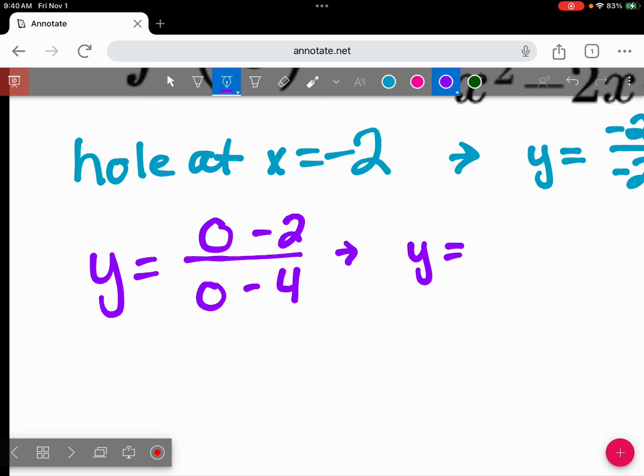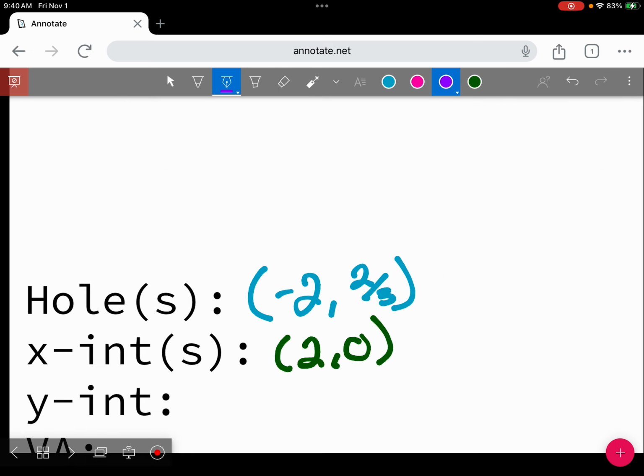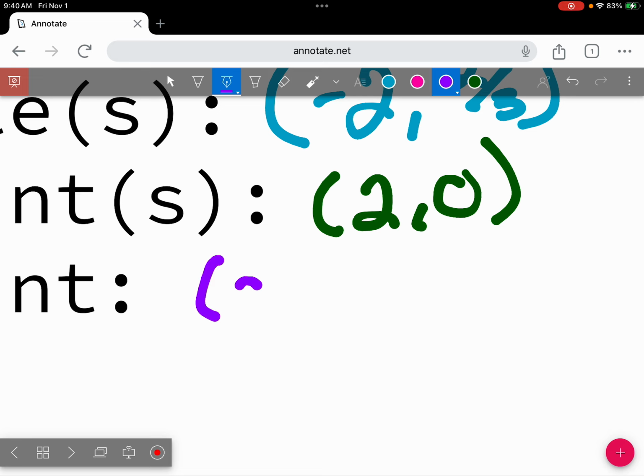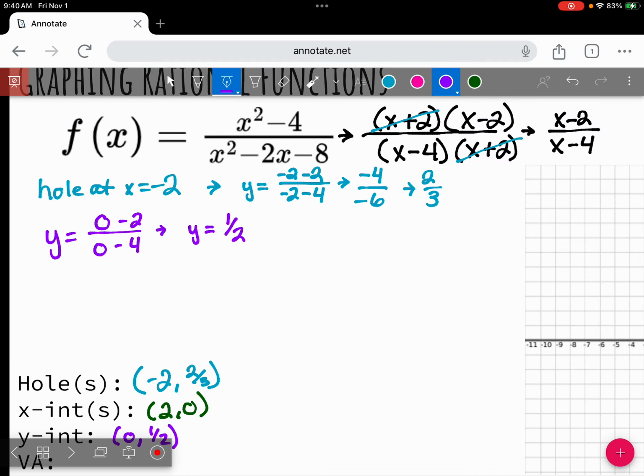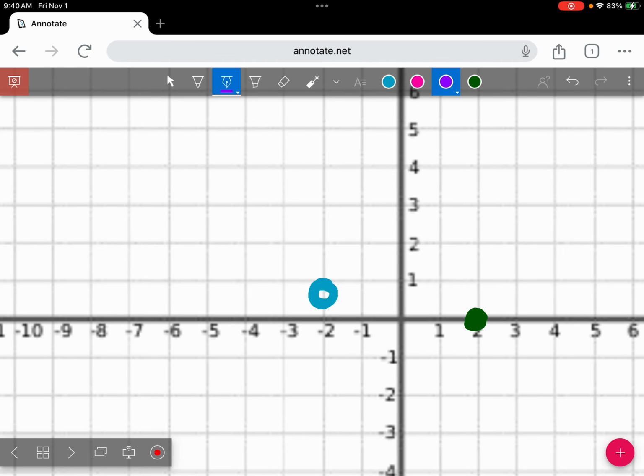So our y is -2 over -4, which is positive 1/2. So our y-intercept, that's at 0, 1/2. So 0, 1/2 is kind of there-ish.